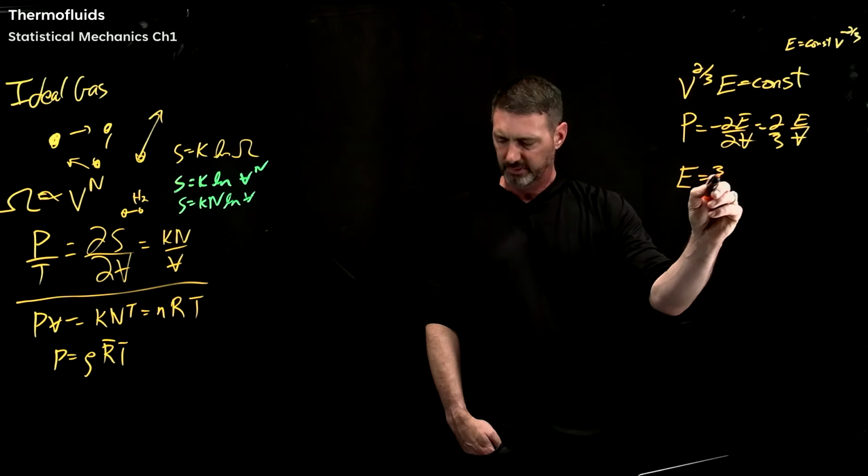Okay? And if you take a look at this, I'm going to come back to PV. So E is equal to 3 halves PV. Okay. So I'm actually going to combine these two.